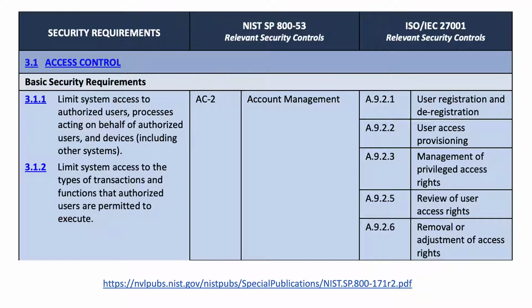On the far right-hand side, you see the ISO IEC 27001, which is an international standard for information security management. And note that the actual requirements that are recommended in this document are derived from that NIST Special Publication 800-53.